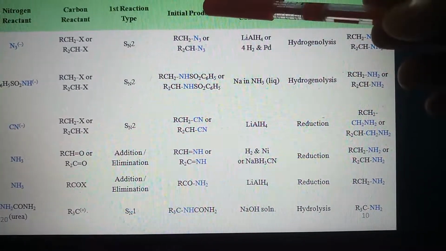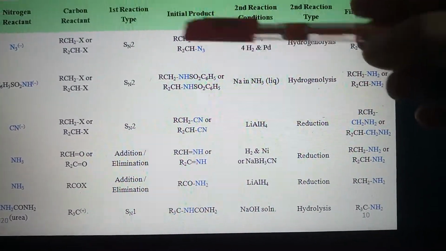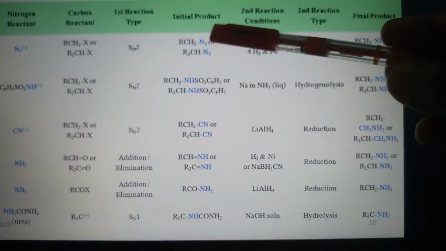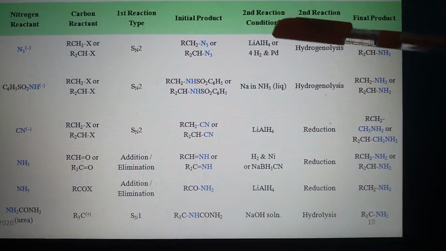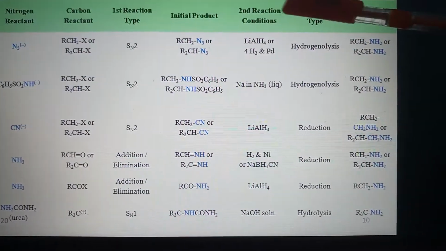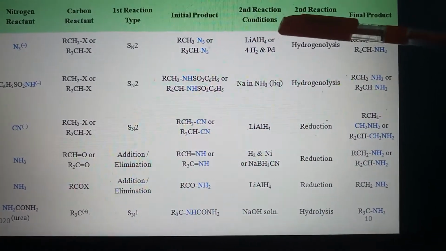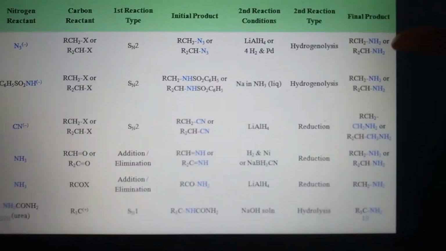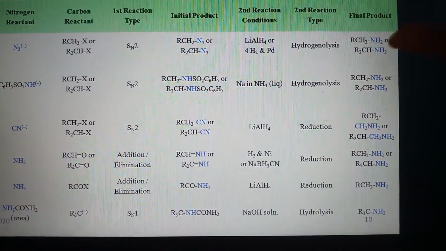In the initial product, in some cases where it is azide, we will get an azide product, and then we have to reduce it in the presence of lithium aluminum hydride or hydrogen and palladium, giving the final product.